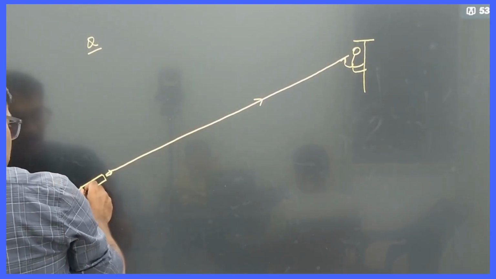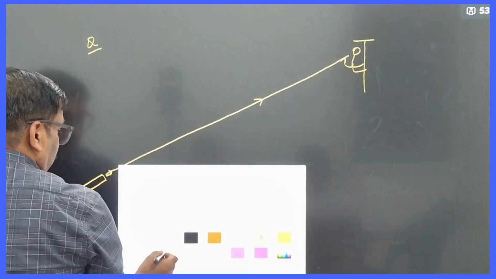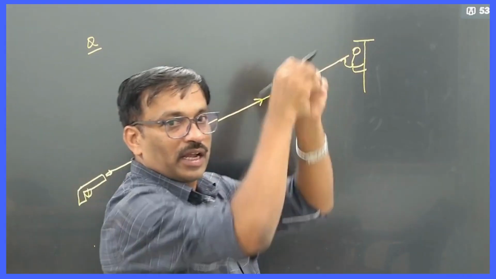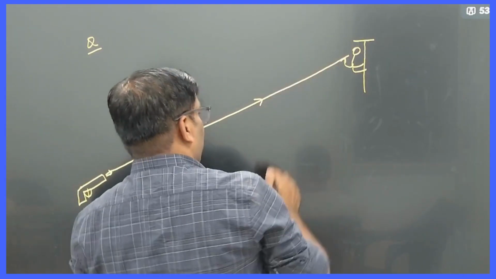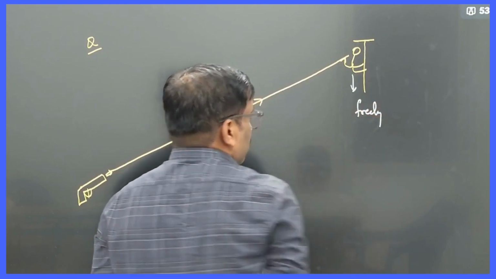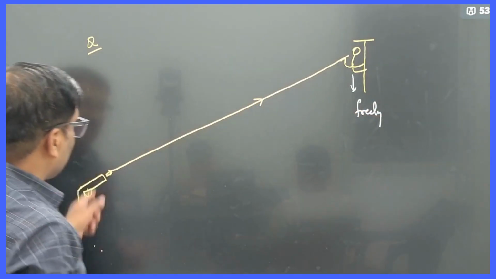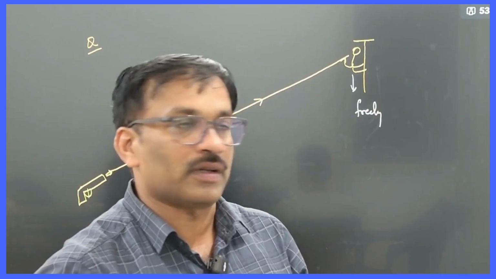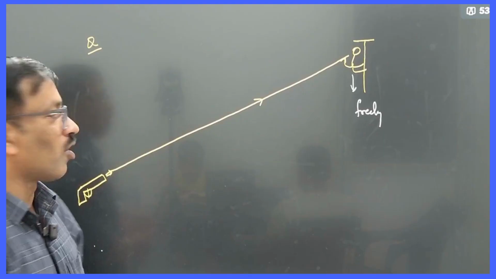Once he triggers it, at that point the monkey leaves the branch and is falling freely. So when it is triggered, the monkey is falling freely. Will this bullet hit the monkey or not? Please pause this video and you can comment.